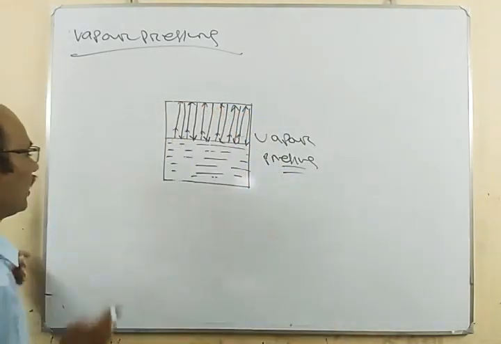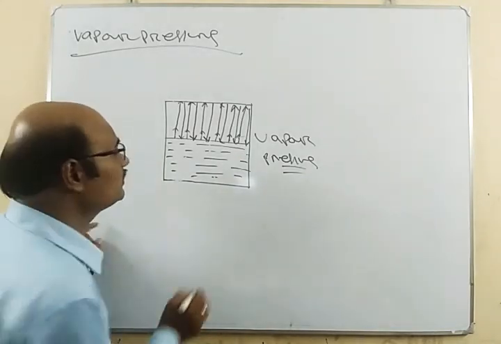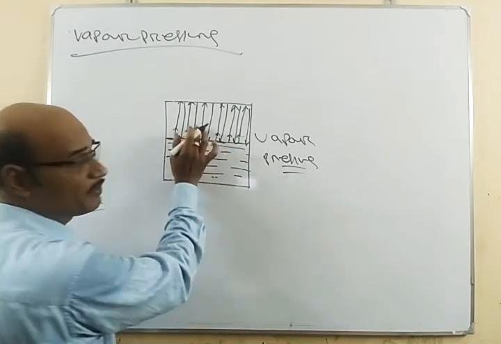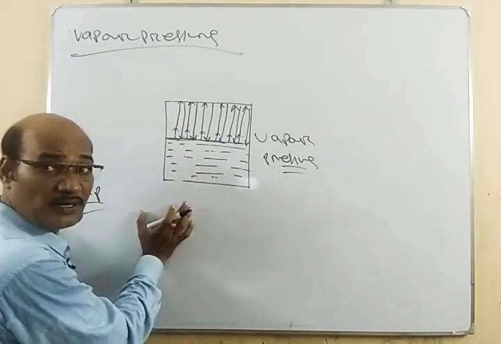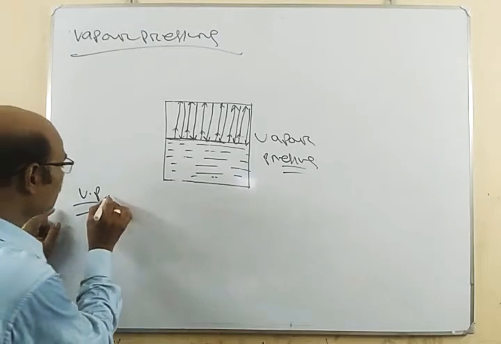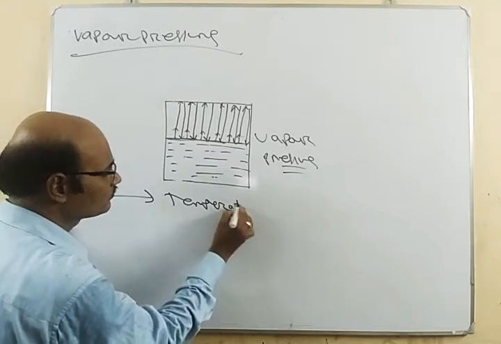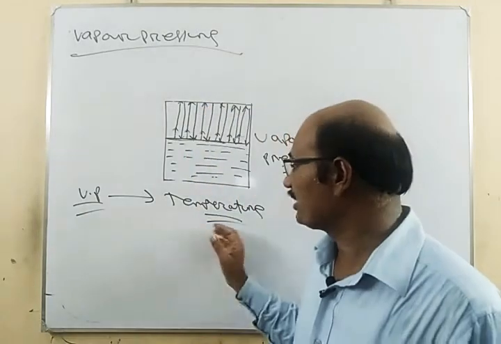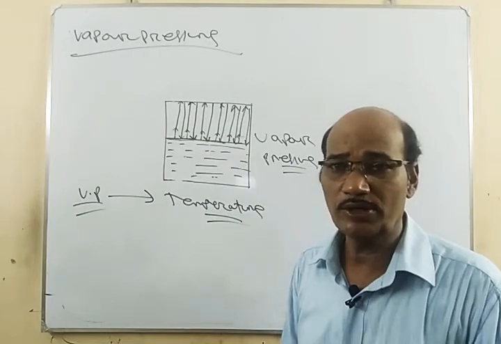Okay. Now, this vapor pressure depends upon how many particles are converting into vapor at the surface. Vapor pressure depends upon the number of particles converting into vapor at the surface, and this vapor pressure is depending upon what? Temperature. More the temperature, more is the vapor pressure. Okay.